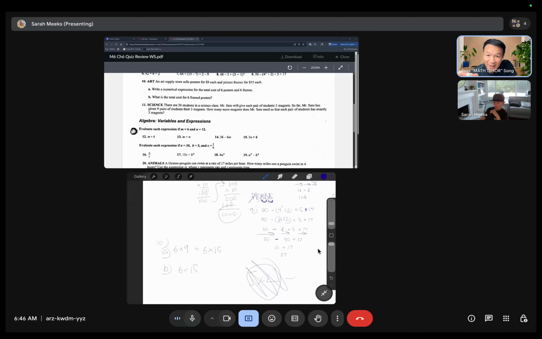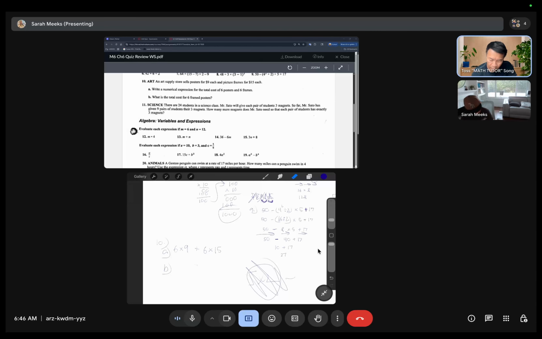It's trying to trick you. Framed posters. See that? Framed posters. That means you're doing this whole thing. Tell me if you agree, right? Yeah, you have to. I thought it's asking only for the frame. I know. So it's 6 framed posters, so you're gonna have to do the work. All right, I got it. Sorry, I'm not perfect here.